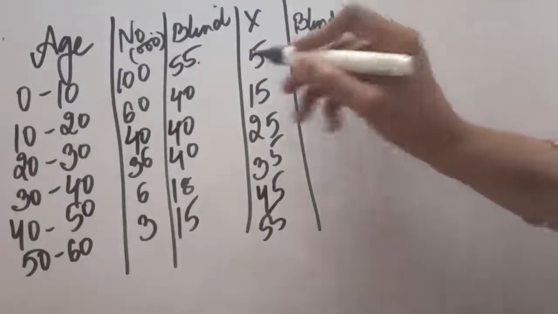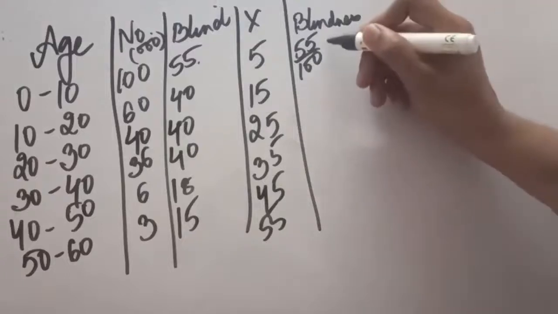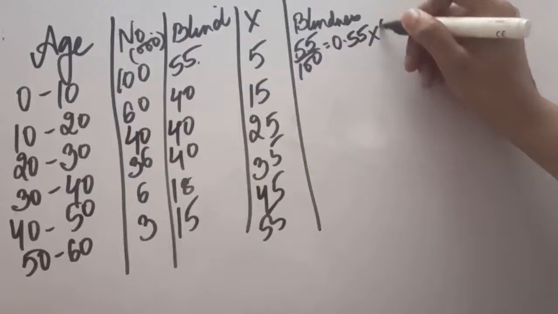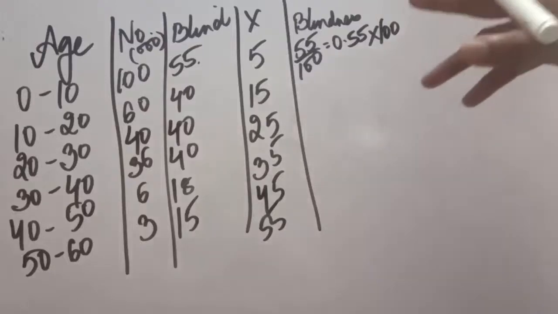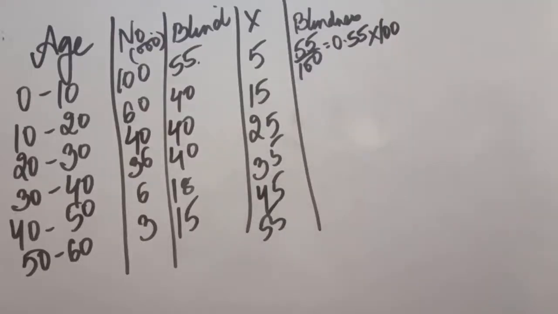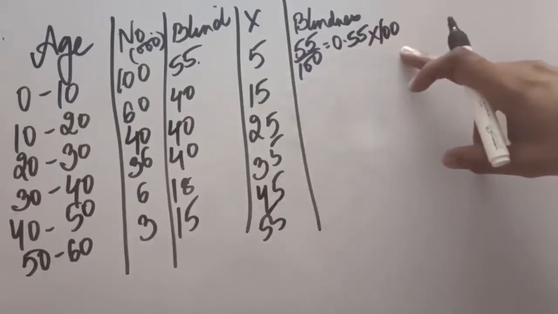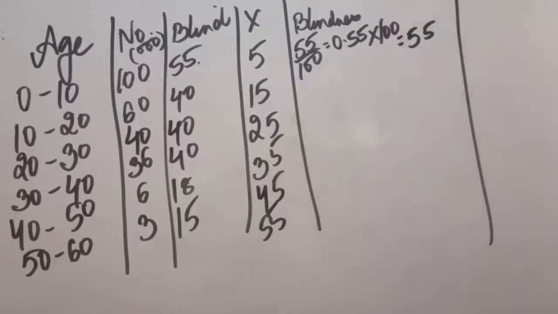Out of these people, 55 are blind, so we get 0.55. Now to make our calculation easier, we can multiply it by 100, that is, convert the data into percentage, because we know correlation is independent of scale. So blindness for the first series is 55.